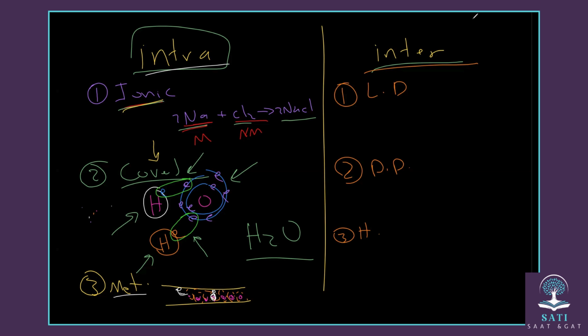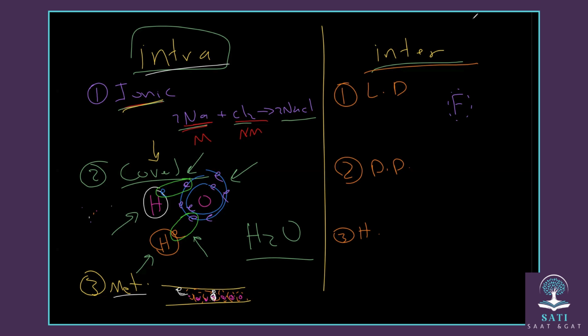Okay, London dispersion force. It's the weakest one of intermolecular force. And again, this one is between the molecules. Okay, we're going to take an example. If we have fluorine, the atom of fluorine, it has electrons.